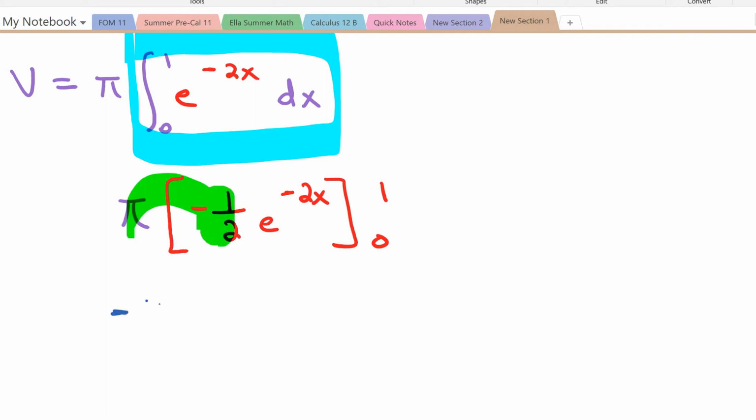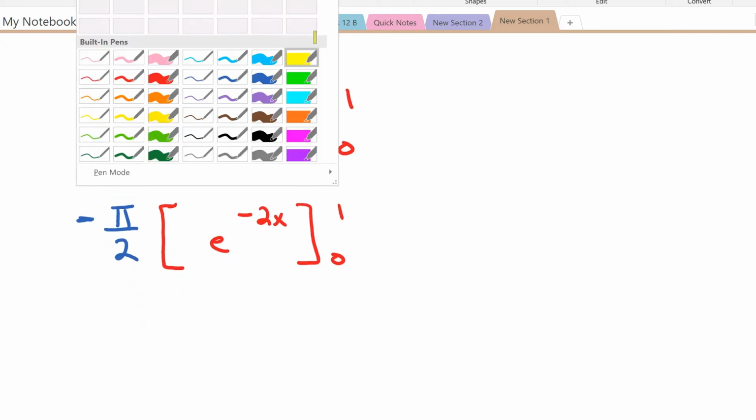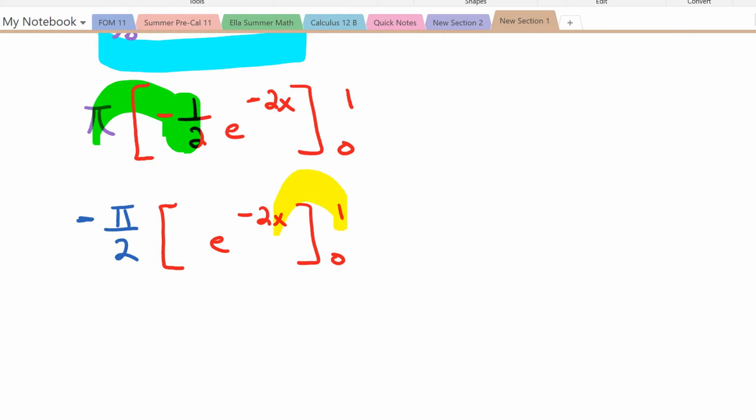So that's going to be negative pi over 2, times e to the power of negative 2x from 0 to 1. Now we're ready to use the fundamental theorem of calculus, where I plug in my upper bound first. That's e to the power of negative 2, minus, and then I plug in my lower bound. That's e to the power of negative 2 times 0, which is 0. And in front I have my negative pi over 2.